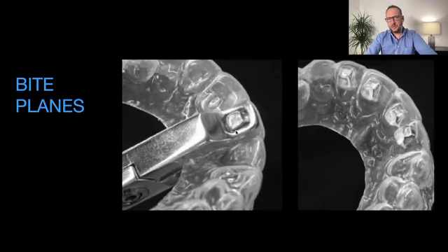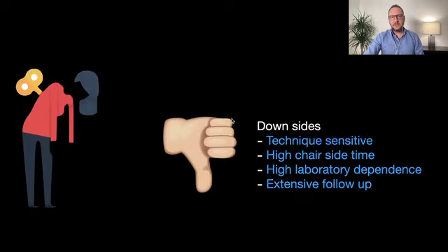This other one you can create, for example, bite ramps. I am anticipating a lot of things that we are going to discuss further, okay? But this technique, where we need to use pliers and burrs and develop the aligners using our own hands in the office with our lab, has some downsides, right?